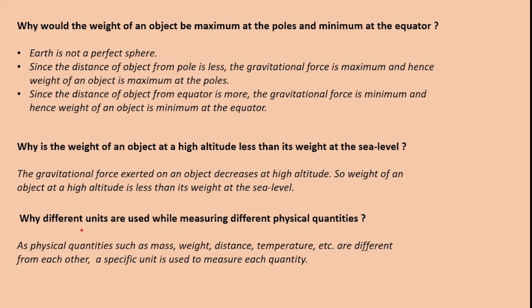Why different units are used while measuring different physical quantities? As physical quantities such as mass, weight, distance, temperature, etc. are different from each other, a specific unit is used to measure each quantity.